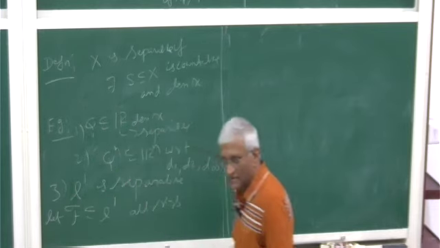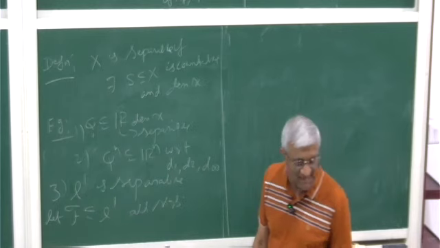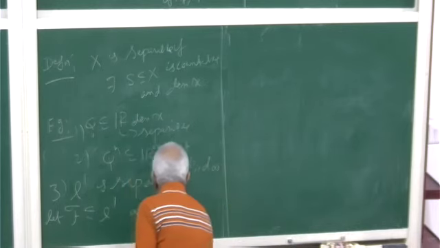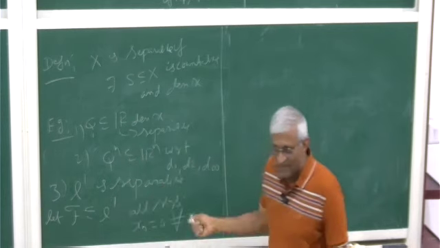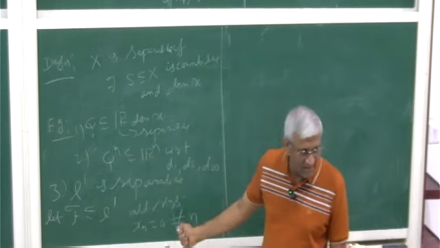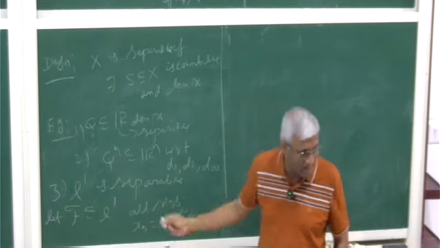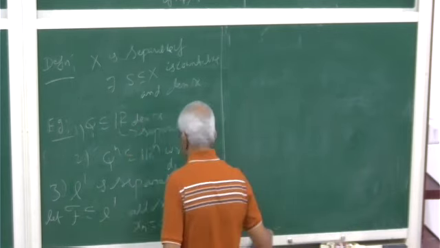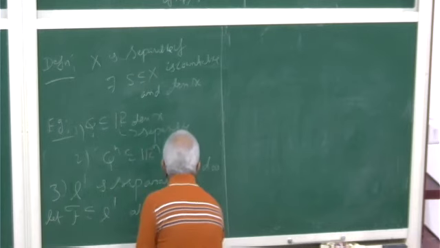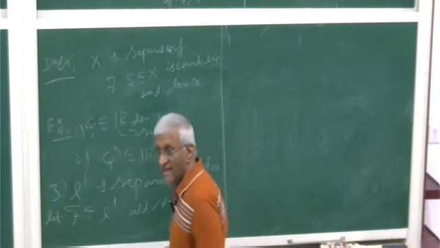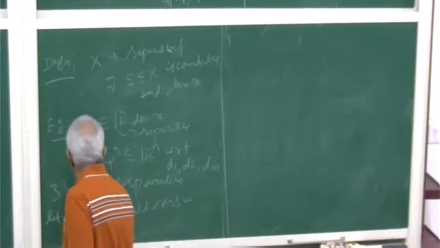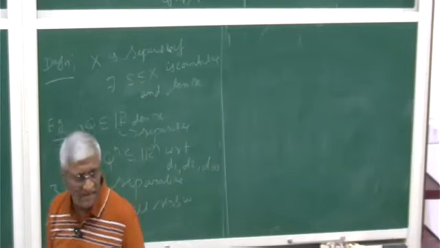My notation: x_n equal to 0 for sufficiently large n. That means after some time it is 0. Otherwise I have to write the whole thing now. All sequences in L1 of n. We didn't consider anything else.